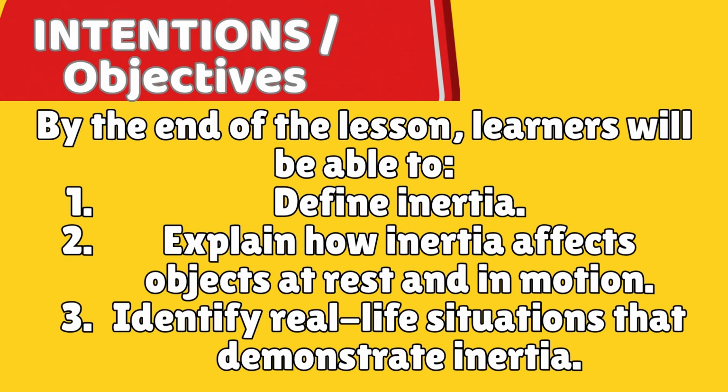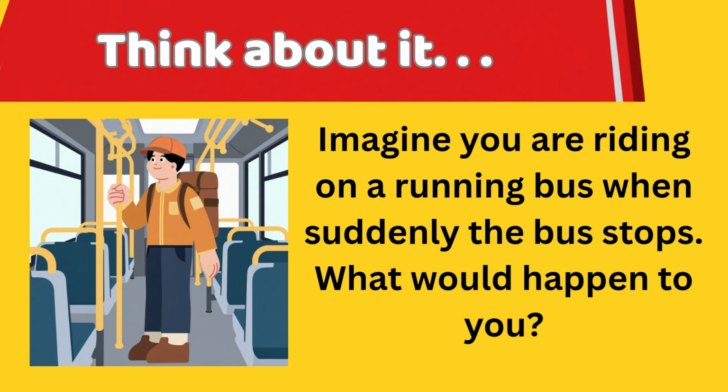And for our objectives, by the end of the lesson, learners will be able to first, define inertia; second, explain how inertia affects objects at rest and in motion; and lastly, identify real-life situations that demonstrate inertia.